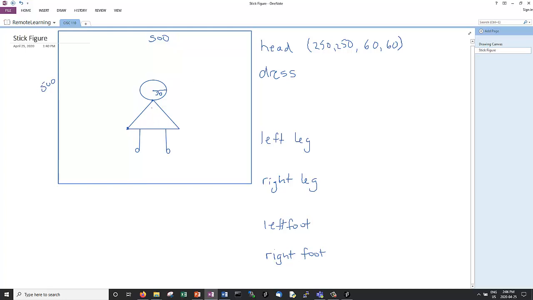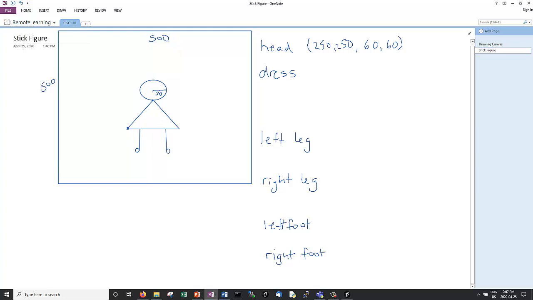Next thing I want to figure out is where does the dress go? In order to specify a triangle, I need to specify the coordinates of each of the vertexes of the triangle. I'm going to specify the first vertex up here at the top, at the neck. How am I going to get the x position of this vertex?